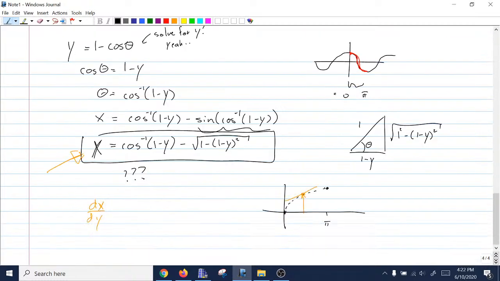So, how do we think about slopes? Let's find slope. How do I find dy/dx in general if I'm given something parametrically? Think about some point.